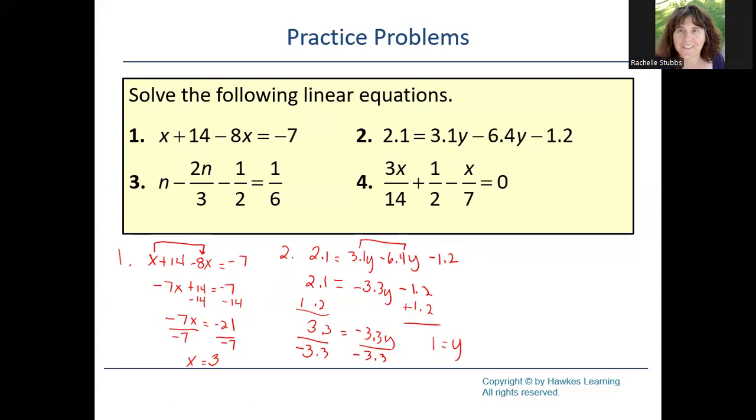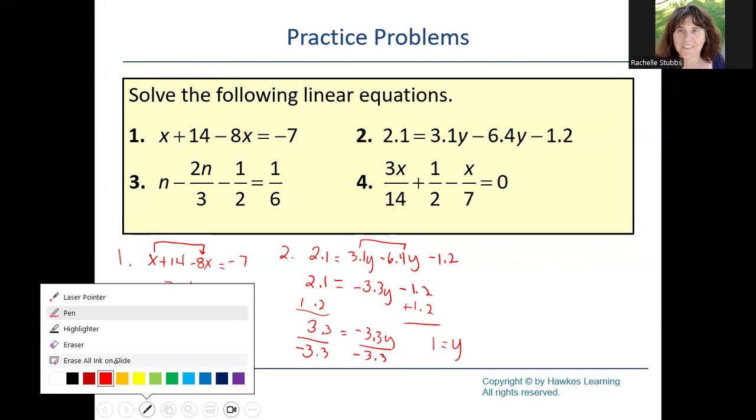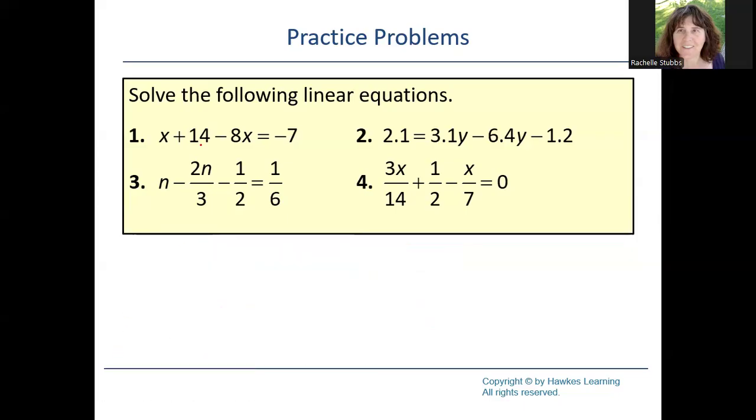On number 3, I want to do this by clearing the fraction again. So I look at my denominators. I have a 1, a 3, a 2, and a 6. The least common denominator for that is going to be, once again, a 12. Multiply both sides by 12.